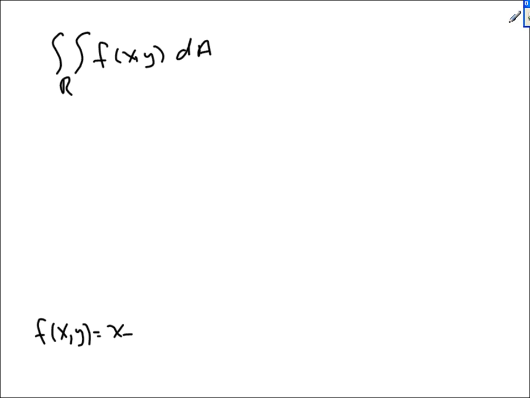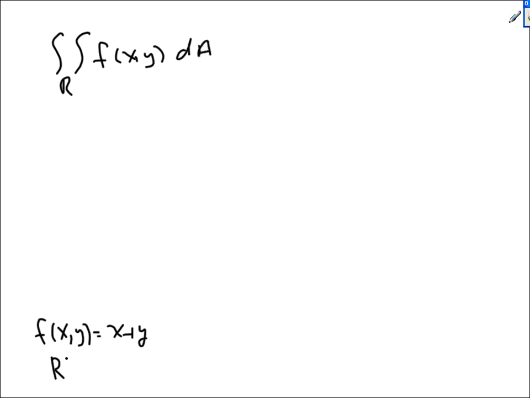Now, suppose you're asked to use polar coordinates to evaluate the double integral over some region of f of xy dA. And in this problem, you're told that f of xy is just add the x's and the y's.